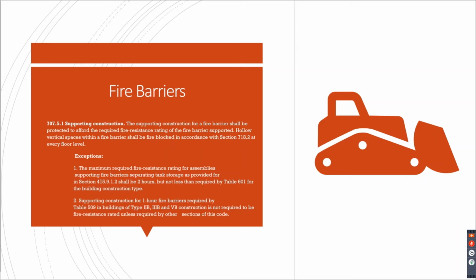Sometimes you've got bracing that may be there for structural requirements for movement, but if you lose it in a fire, you wouldn't lose the wall. But you've got other types that, if you lose that bracing, could be holding up that wall. And if you lose it in a fire, you're going to lose that wall. So have the conversation with your structural as well to make sure you're rating what needs to be rated. Don't forget the supporting construction.